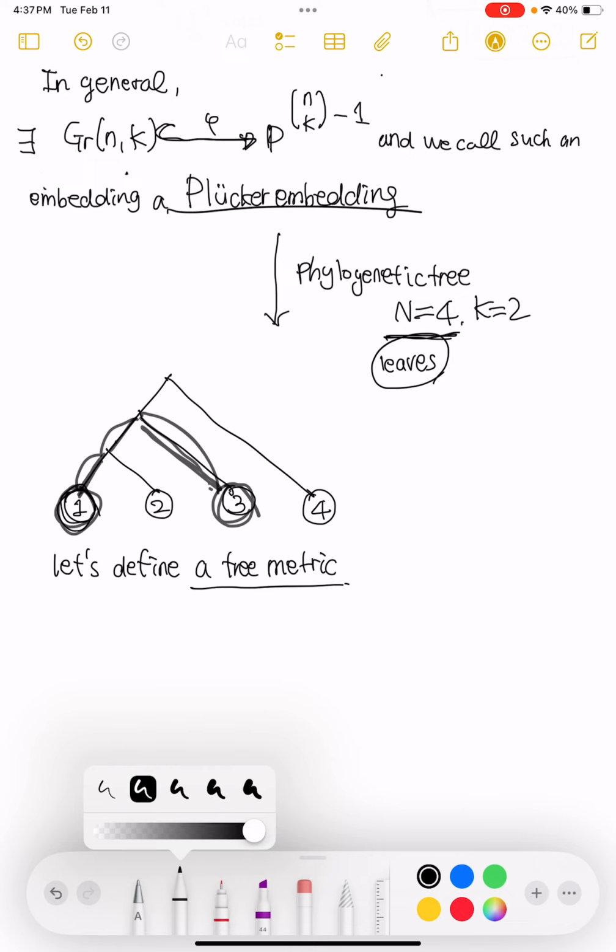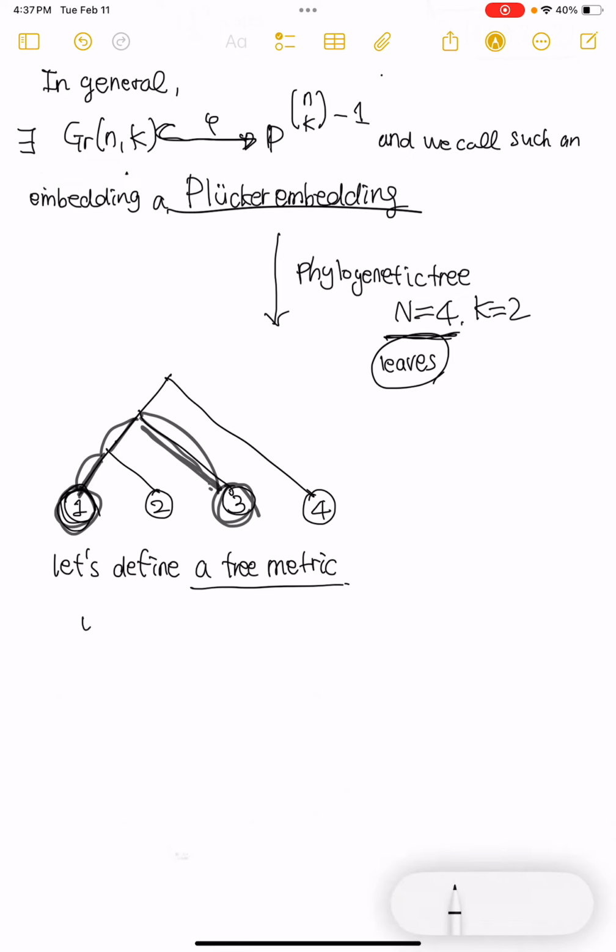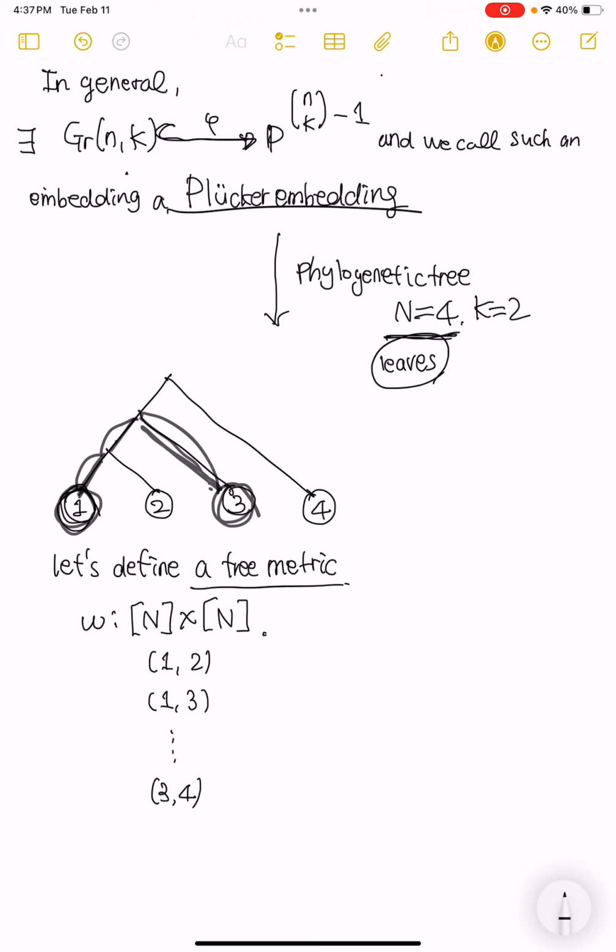Based on the definition, if the leaves are labeled, we can take 1 2, 1 3, up to 3 4.